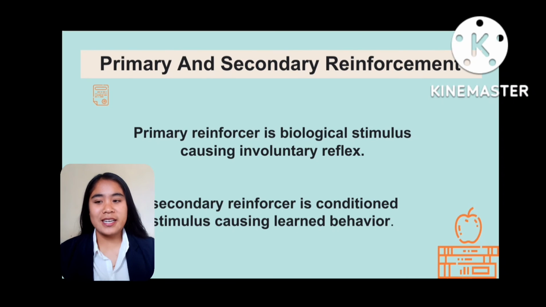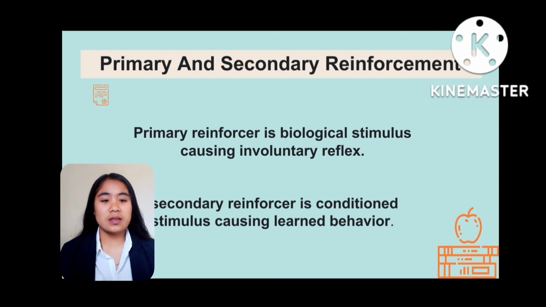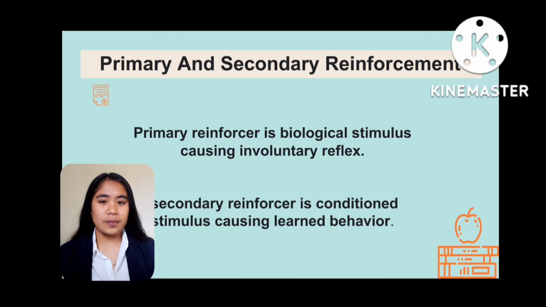Okay, the next material is primary and secondary reinforcement. Primary reinforcement is a naturally occurring reaction to a stimulus. The response is innate and does not require intricate learning. Primary reinforcement is a reflex that an organism performs automatically whenever the corresponding stimulus is presented.